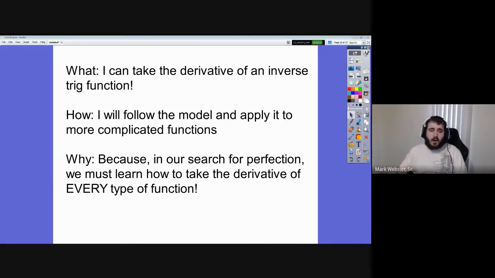Today we are going to finish our talk about how to take the derivative of things. For the past couple months, we've been going very slowly over, okay, here's how you take the derivative in this situation, this situation, this situation.